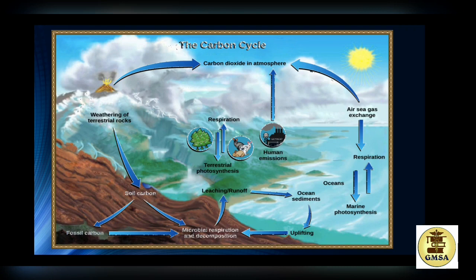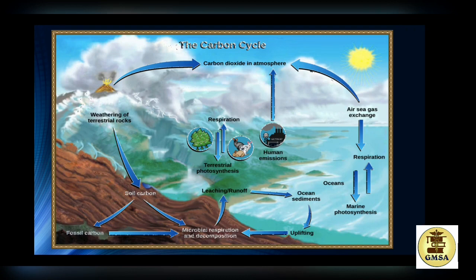In addition, you can see there's an eruption of a volcano here. Through this eruption of volcanoes, carbon present will be released in the form of carbon dioxide due to the process of combustion. Here carbon dioxide gas is again added to the atmosphere.